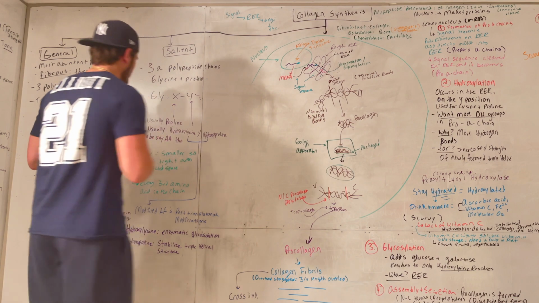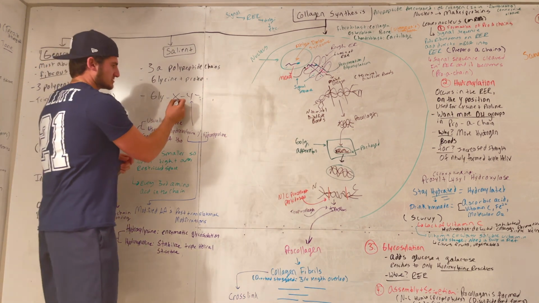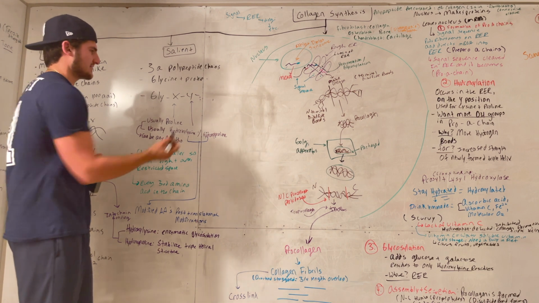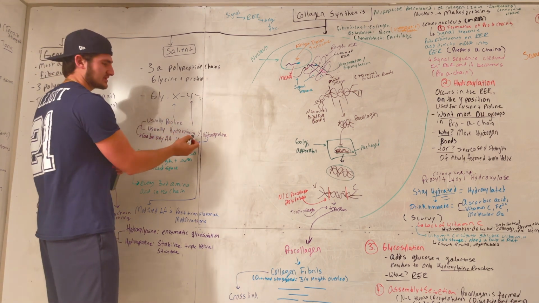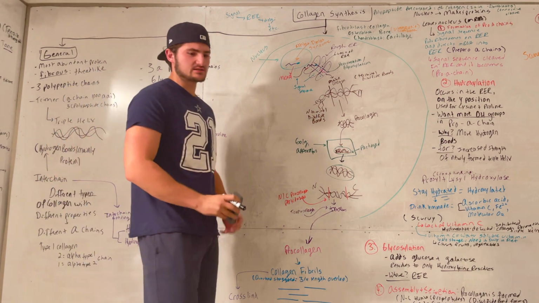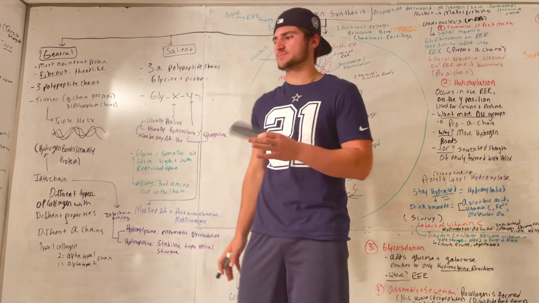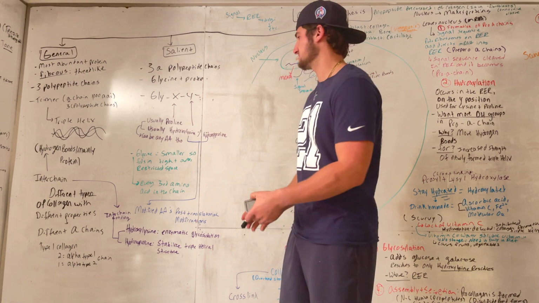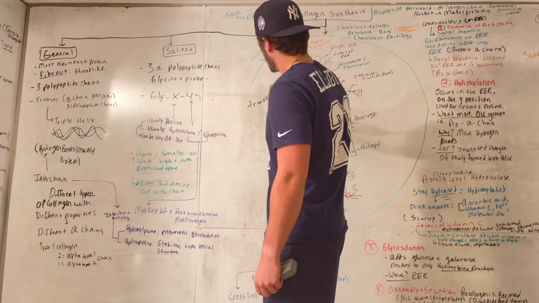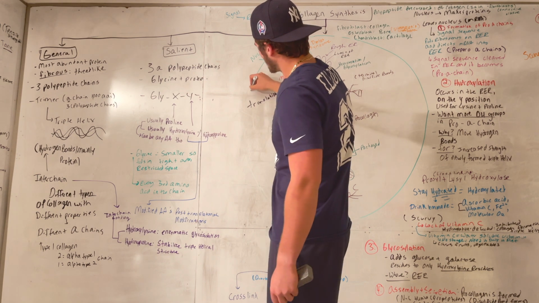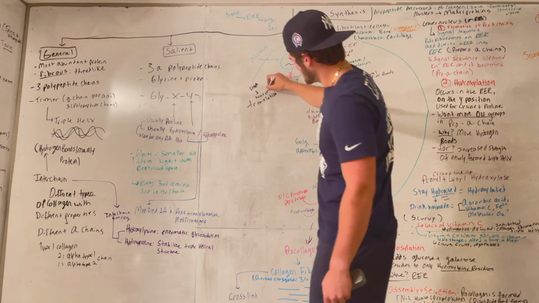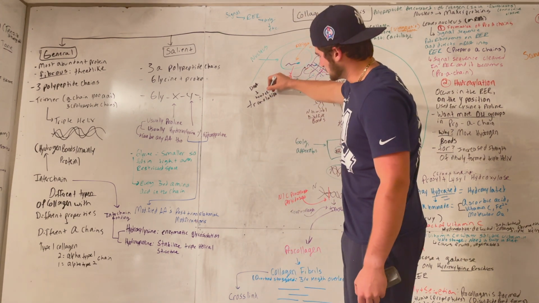Okay, so also, we have glycine, XY. The X is usually proline, and then the Y is usually hydroxylysine or hydroxyproline. We have to remember that hydroxylysine and hydroxyproline are not normal amino acids, they're derivatives of amino acids. Okay, so we have DNA replication to transcription to translation, right?